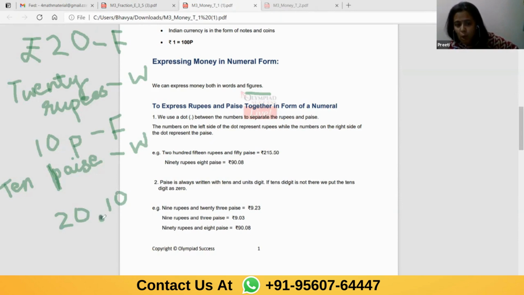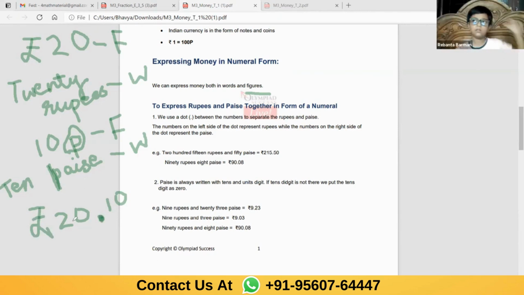So when I put this dot, I will not put this P sign. Dot means 10 belongs to paise. But I will still put the rupee sign because still I am not sure what is 20. This dot separates my paise from my rupee. So if I have to write 20 rupees, 10 paise, then before 20, I will put this symbol of rupee and before 10, I will put this dot. So it becomes 20 rupees, 10 paise.